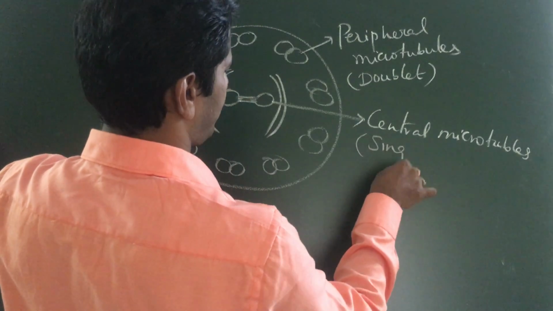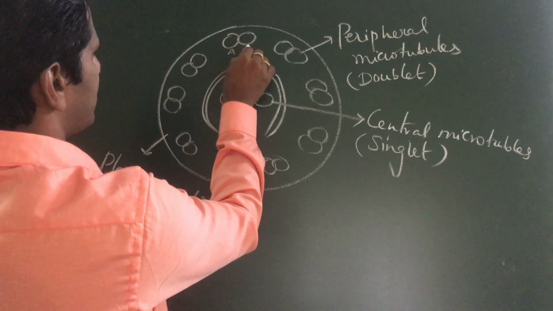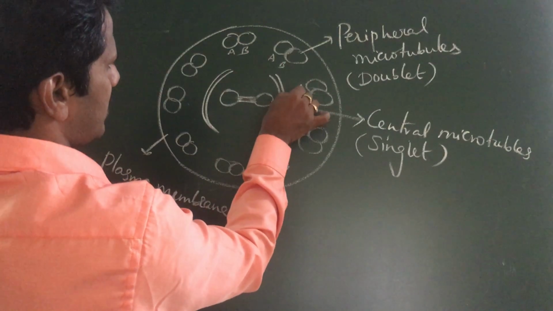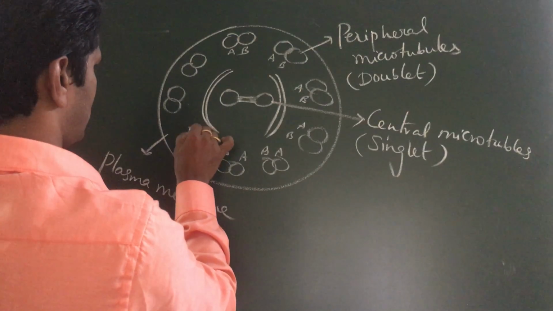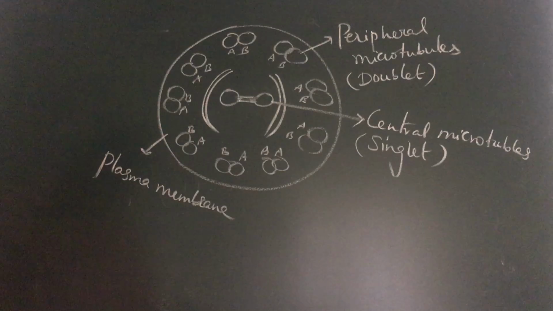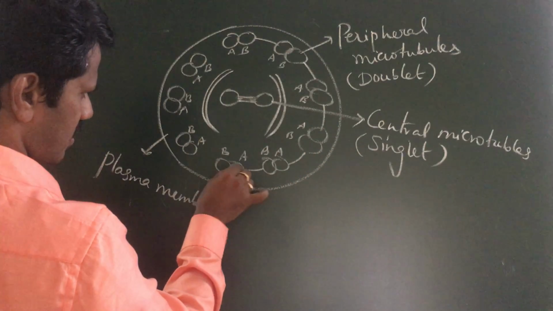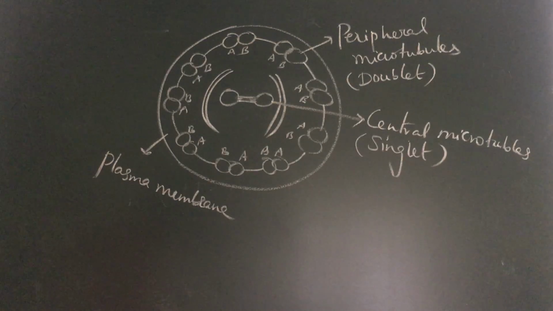Central microtubules, singlet. Then the peripheral microtubules: if you take each one, they have the names A and B. A, B, A, B. For every A attached to B, there will be A, B. And these in turn are attached; the B microtubule is attached to the A. So what are these attachments which are present?